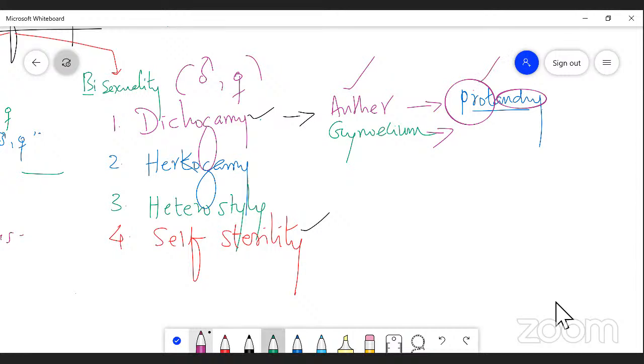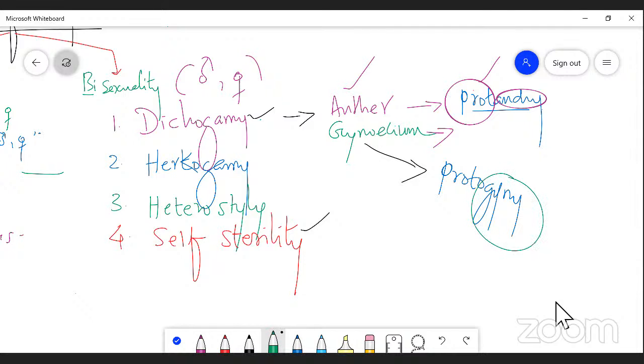If the gynoecium attains maturity first, that is called protogyny. Proto means first, so the gynoecium develops at the very beginning, and later the anther develops. That is dichogamy.